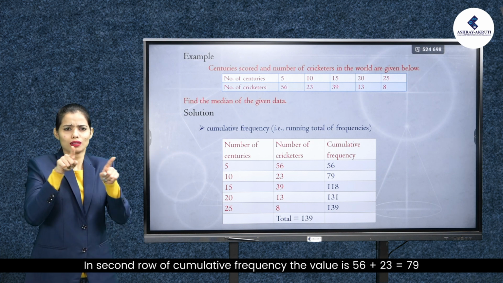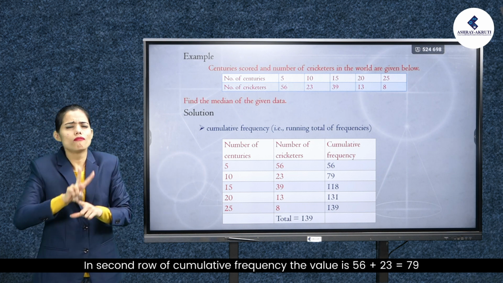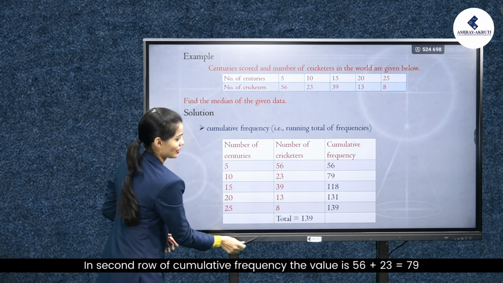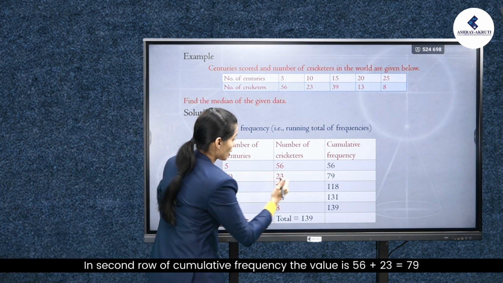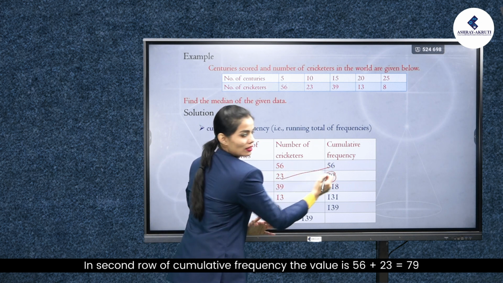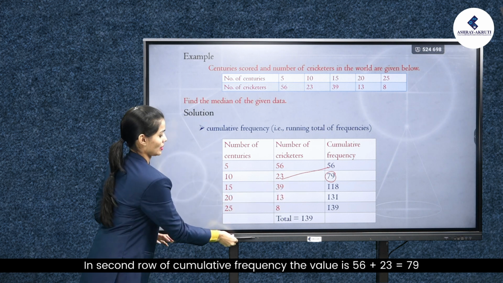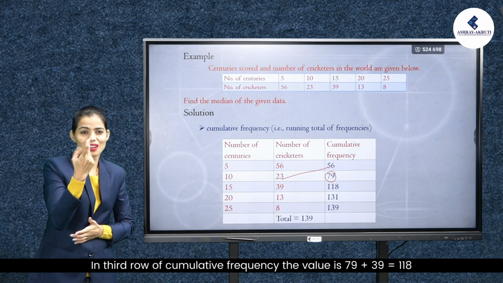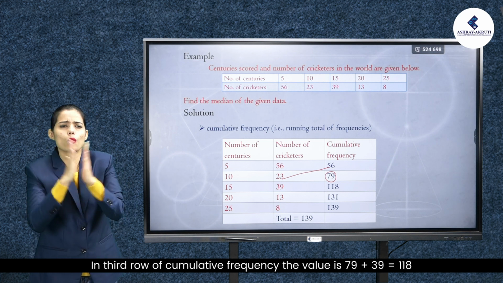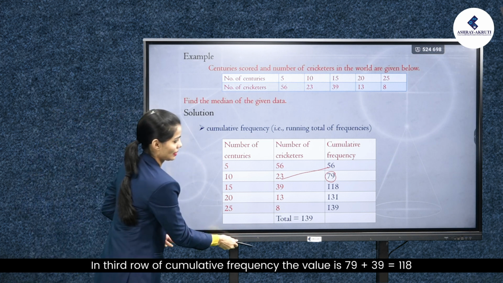In the second row, the value is 56 plus 23 is equal to 79. In the third row, the value is 79 plus 39 is equal to 118.